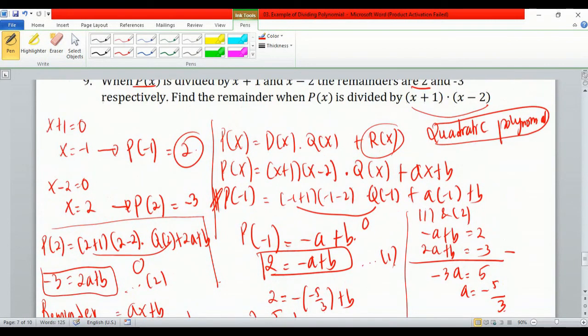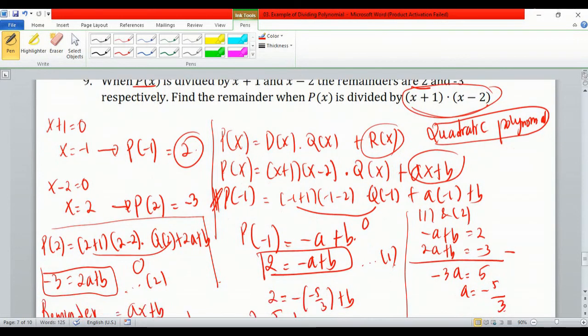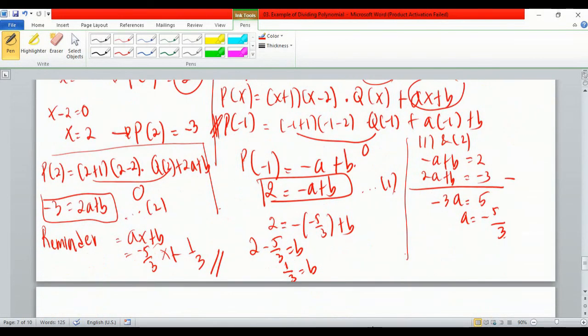So remember everyone, if the divisor is quadratic, the remainder is linear. But if the divisor is linear, the remainder is just a constant. Okay, I hope you understand everyone.